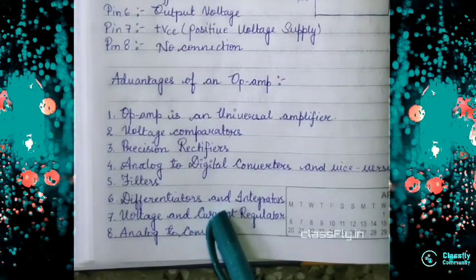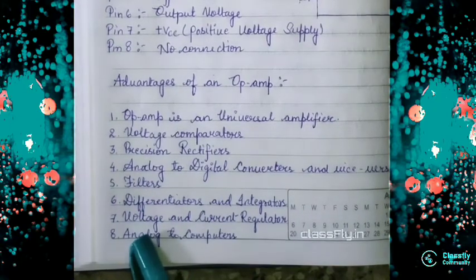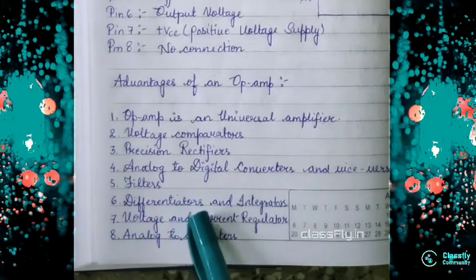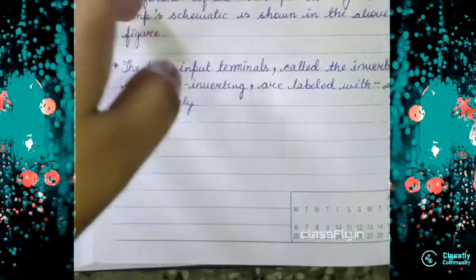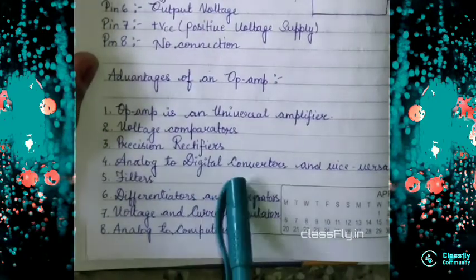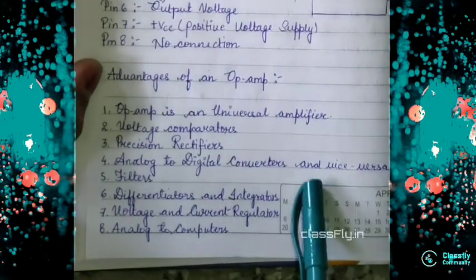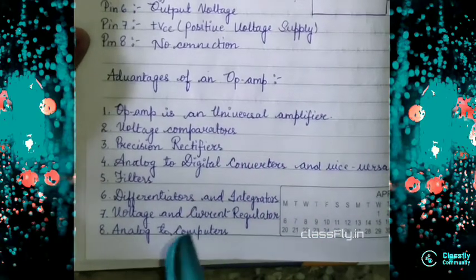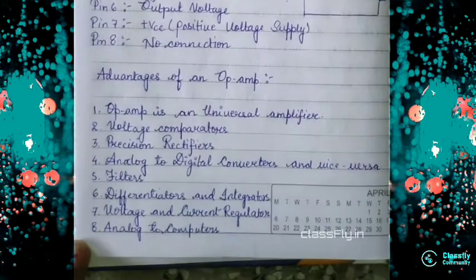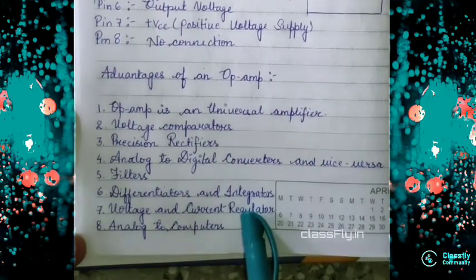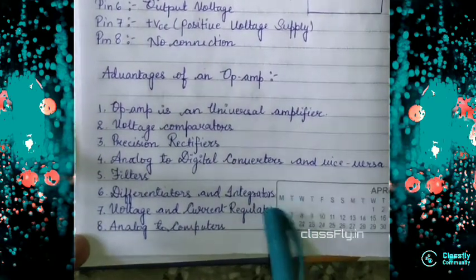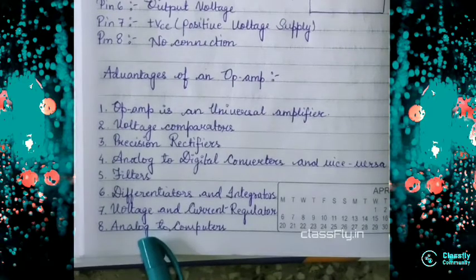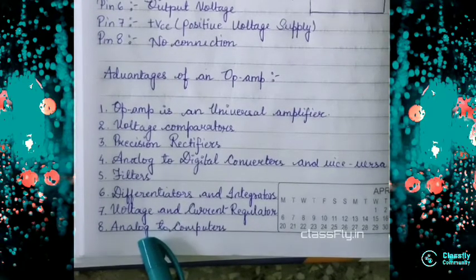Fourth, it helps in analog to digital converters and vice versa. Fifth, filters. Sixth, it works as differentiators and integrators. Seventh, it works as a voltage and current regulator. And the eighth and last advantage of an op-amp is analog computers.